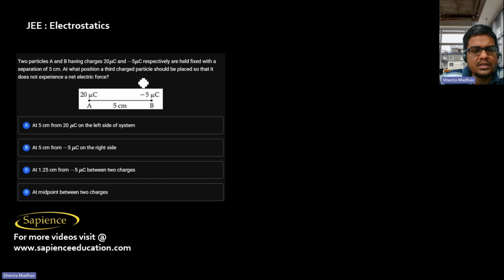At what position should a third charged particle be placed so that it does not experience a net electric force?